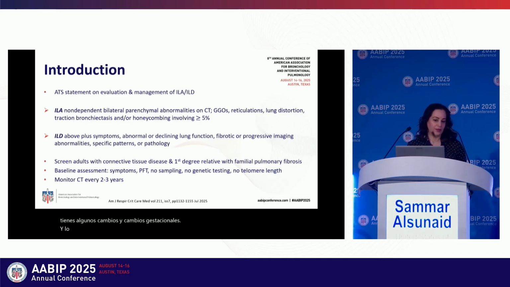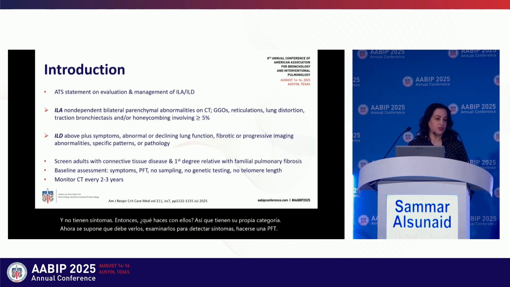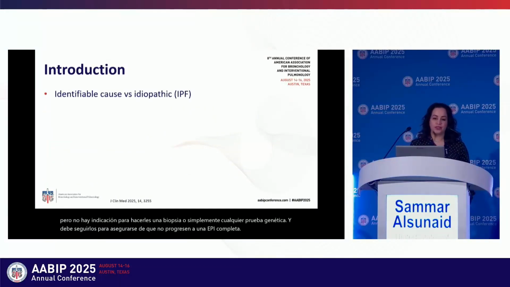So what do you do with them? They have their own category now. You are supposed to screen them for symptoms, get a PFT, test them for connective tissue diseases, and check their family history, but there's no indication to biopsy them or do any genetic testing, and you should follow them to make sure they don't progress into a full ILD. I thought we should mention this before moving on.